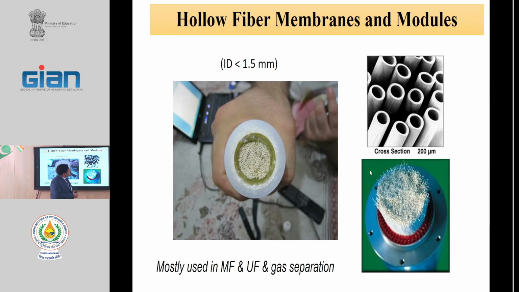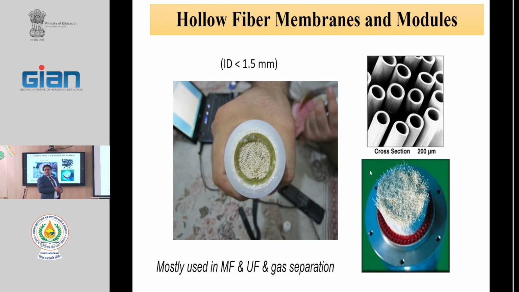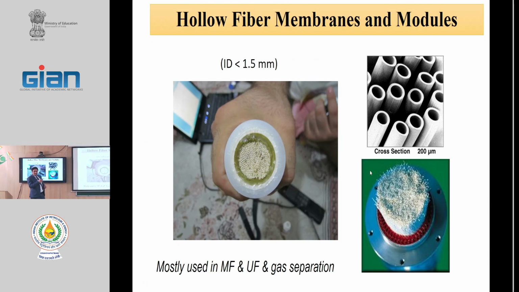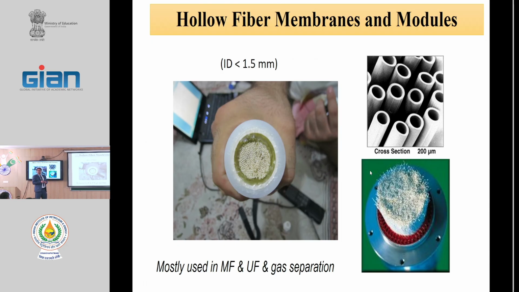The fourth module is hollow fiber. Hollow fiber membranes have ID less than 1.5 millimeter. I said that the tubular membrane has higher than 3 millimeter, and hollow fiber membrane is lower than 1.5.